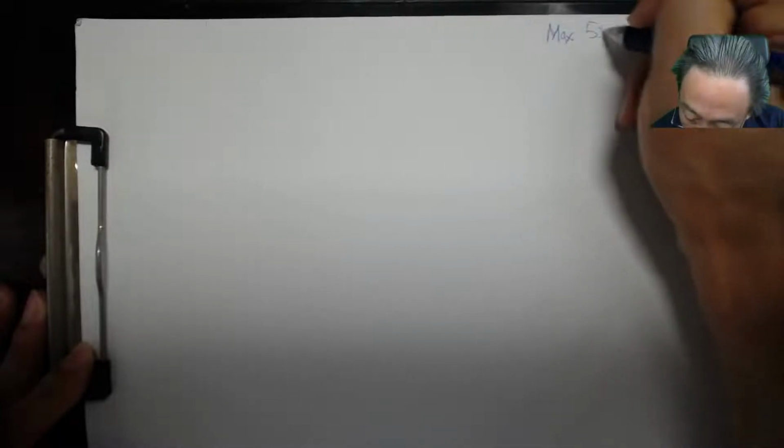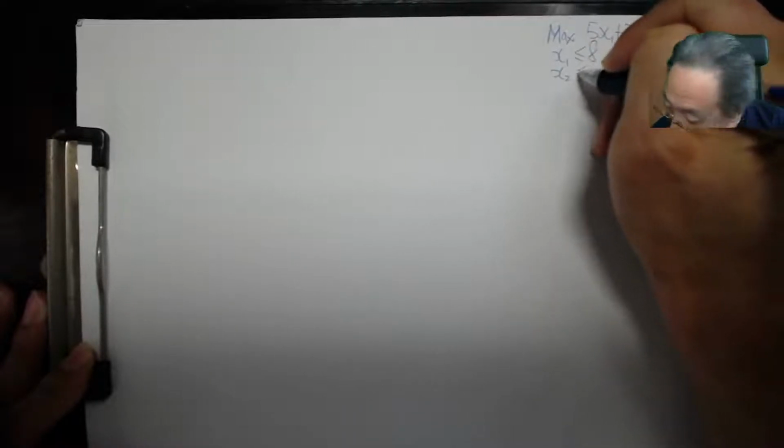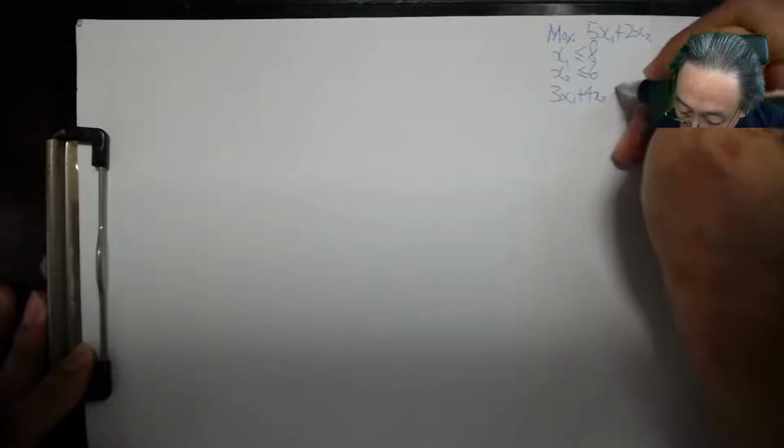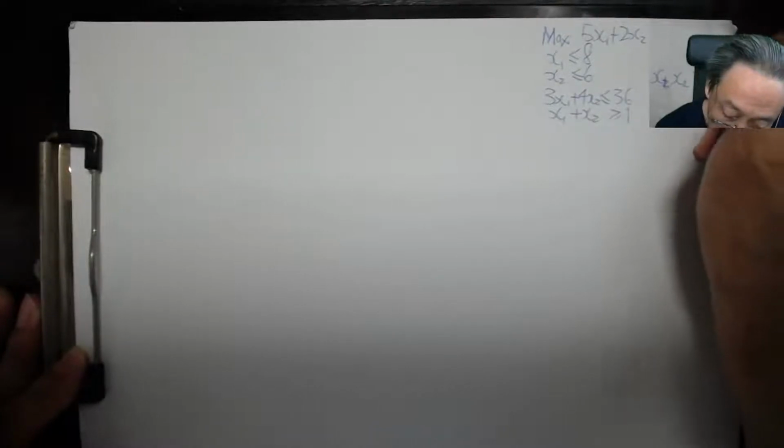So we have max of 5x1 plus 2x2, x1 less than equal to 8, x2 less than equal to 6, 3x1 plus 4x2 less than equal to 36, x1 plus x2 greater equal to 1, and of course the two non-negativity constraints.